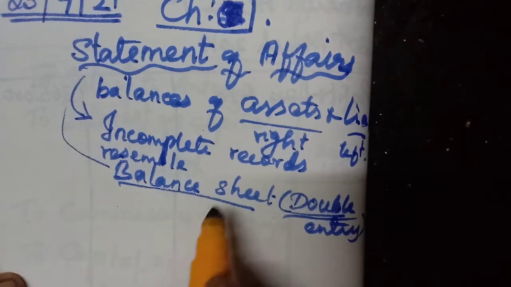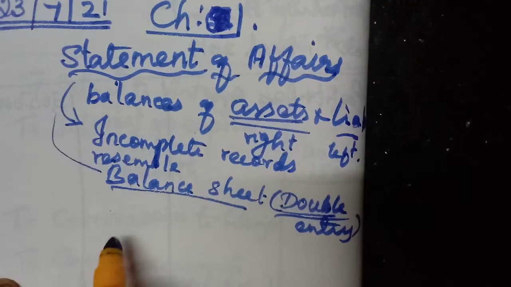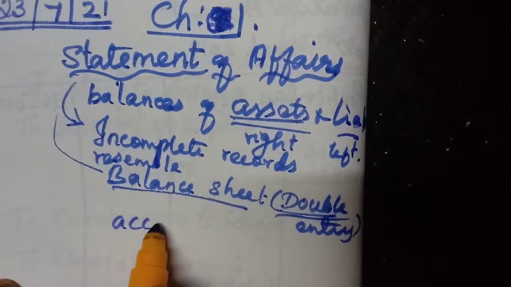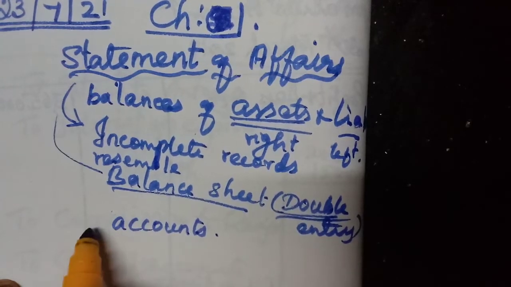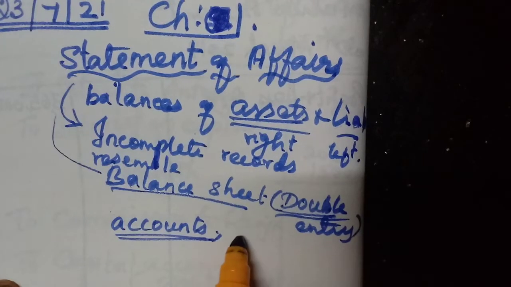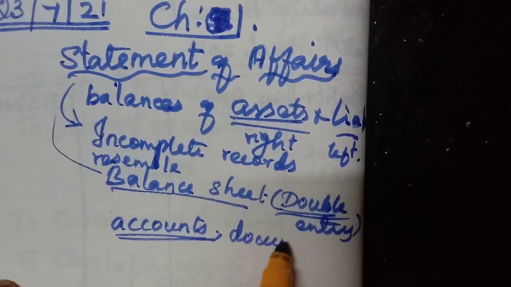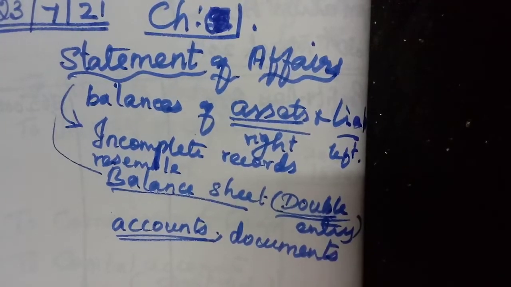Here, where will they write the asset balances? They will have some accounts, isn't it? They maintain some accounts, like the cash account. Then some items come from the base documents, source documents. Land, for example, they will have the land document, isn't it?